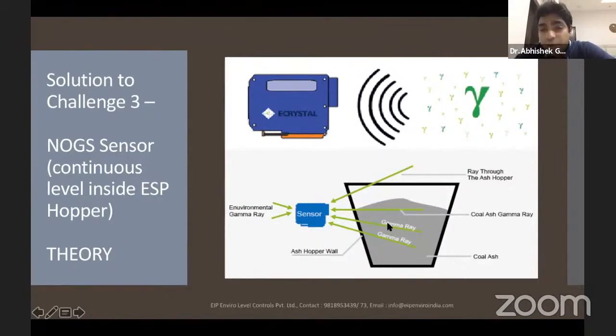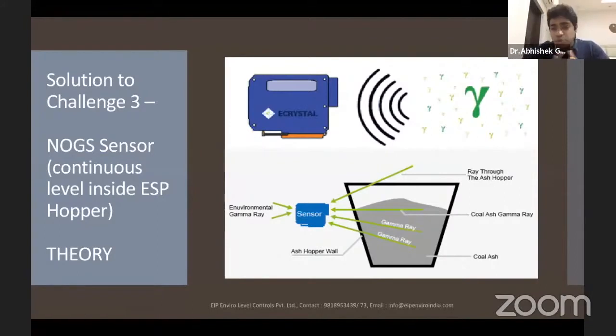Yes, the coal fly ash is radioactive. There is a separate theory on why coal ash is radioactive. You can just send us an email after the presentation if you want the theory or scientific literature on that. But as of now, let us focus on the fact that my coal fly ash has radioactive gamma ions, and my NOGS sensor is only detecting those gamma ions.